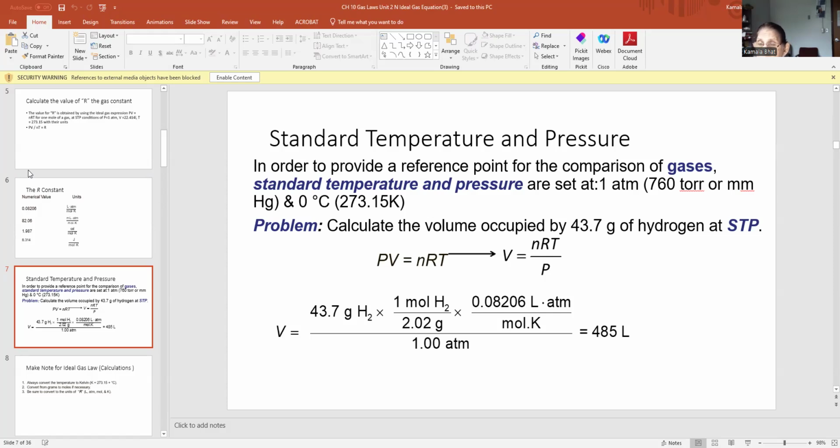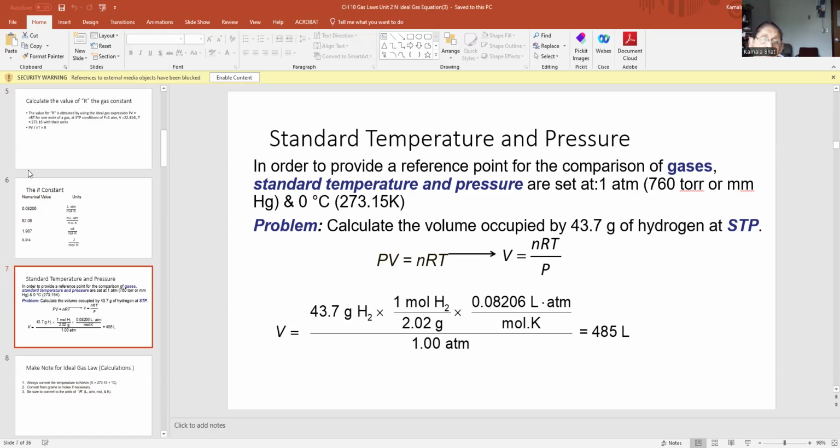Calculate the volume occupied by 43.7 grams of hydrogen at STP. So now we have the grams of hydrogen, 43.7. We've got to convert it to moles of hydrogen. So we divide it by 2.02, taking the atomic mass of hydrogen as 1.01 grams. Then multiply it by R, which is equal to 0.08206 liter atmosphere per mole Kelvin, and divide it by the pressure, 1 atmosphere.